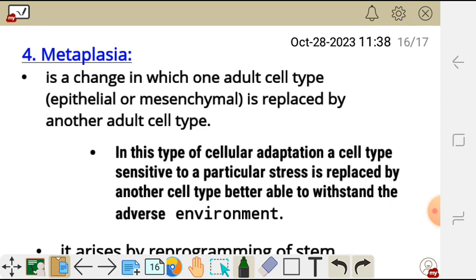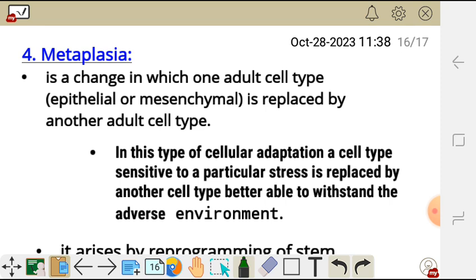So in this type of cellular adaptation, a cell type which is sensitive to a particular stress is going to be replaced by another cell type which is better able to withstand an adverse environment.